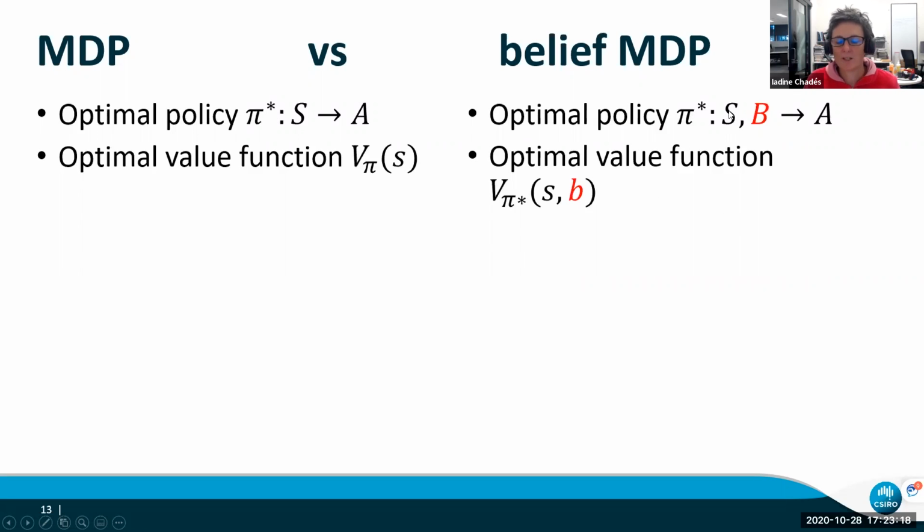Okay, so I want to zoom into the optimal value function here. One way of finding the optimal strategy, what is the best action we should implement given our current knowledge and our states, is to solve the Bellman equations directly.